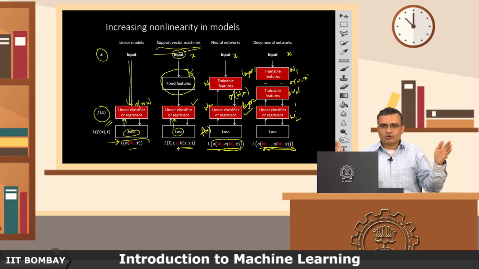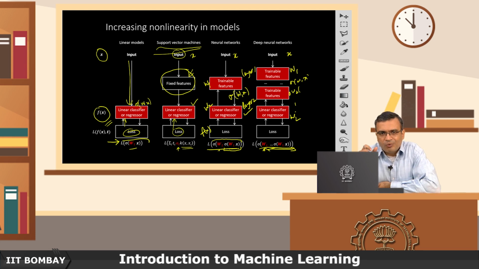There will be functions nested inside functions, but the form of each function remains fundamentally the same: a linear weight matrix multiplying the input vector, and that input vector is the output vector of the previous layer.